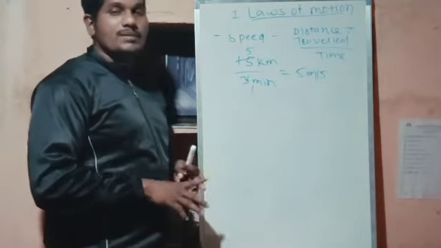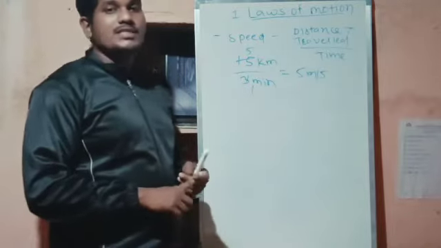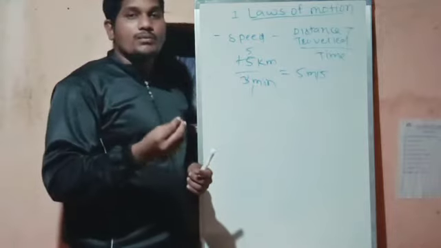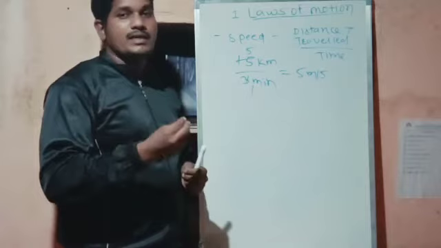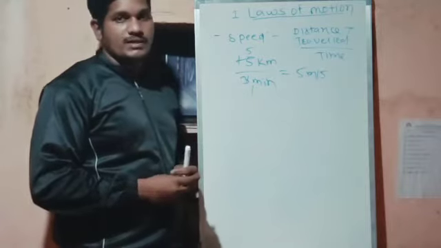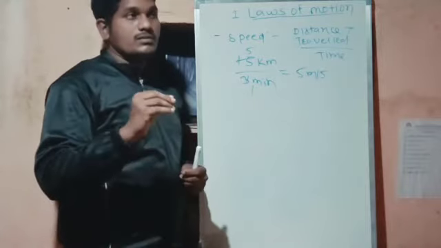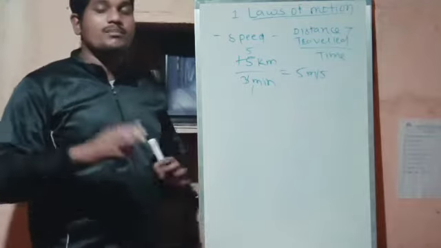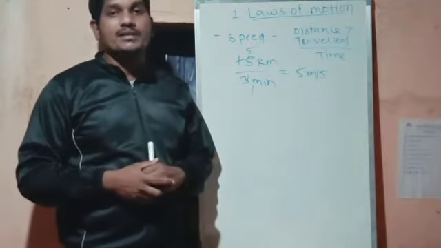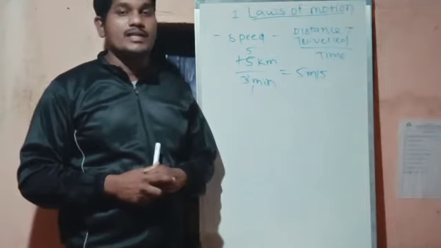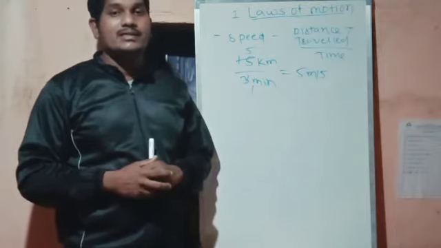So you have to keep in mind that speed is defined as the ratio of total distance traveled upon the time required to cover that particular distance. That is the speed. If you have seen a bike, when the bike is running, it shows the speedometer. What does it actually indicate?